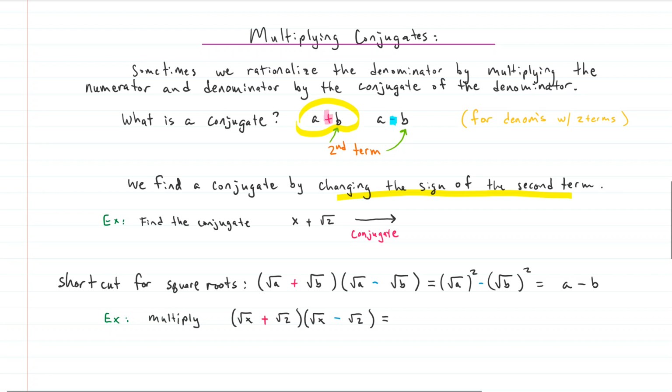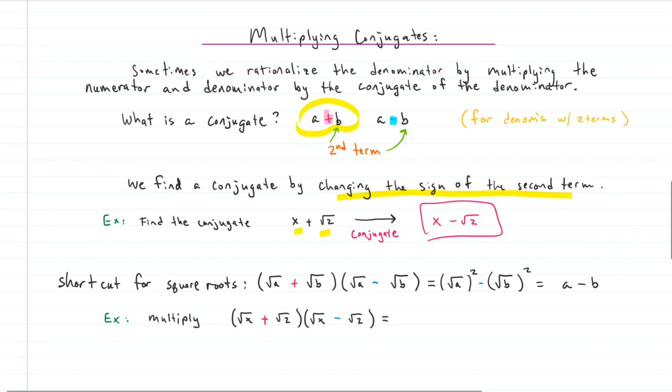You take the second term, which is the b, you change its sign, and that's the conjugate. So if we have x plus root 2, the first term stays the same, the second term changes sign. It was positive, now it becomes negative. So the conjugate of x plus root 2 would be x minus root 2.